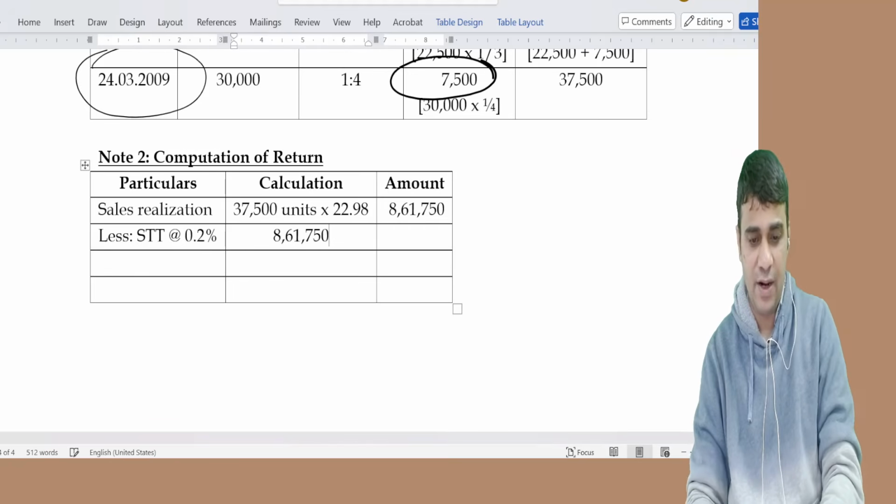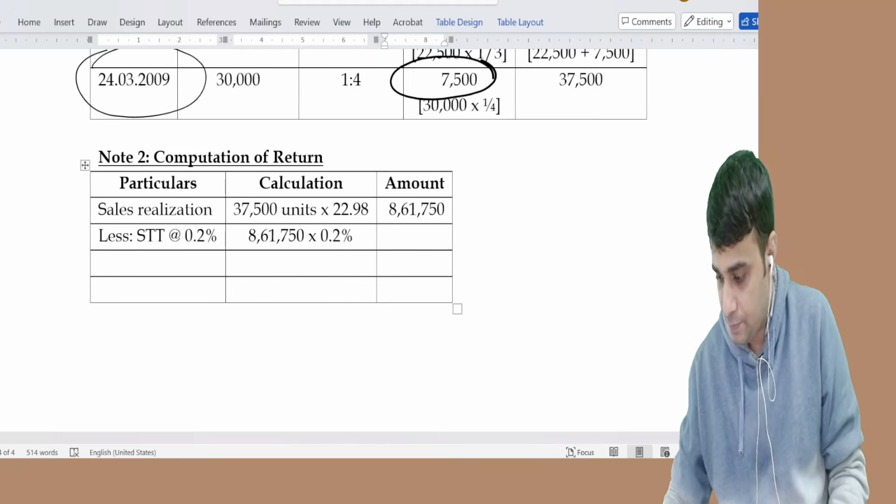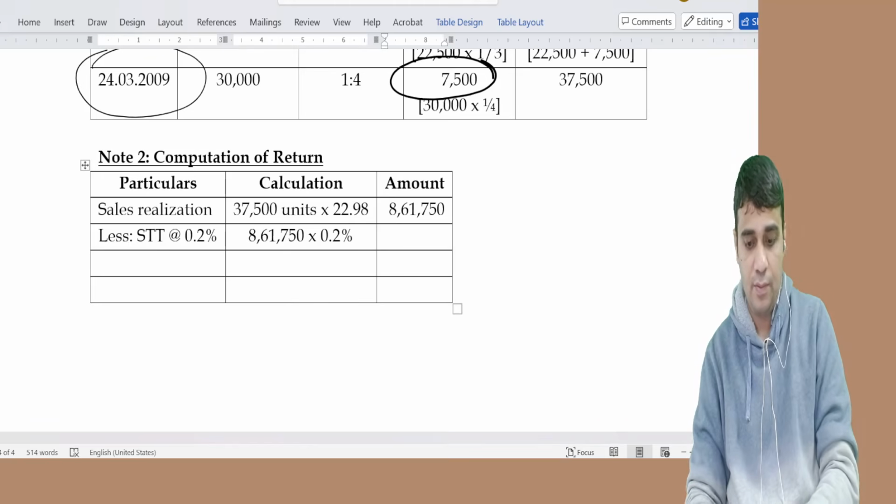You can round off and write the amount, it will not make any difference. That is 1,724.